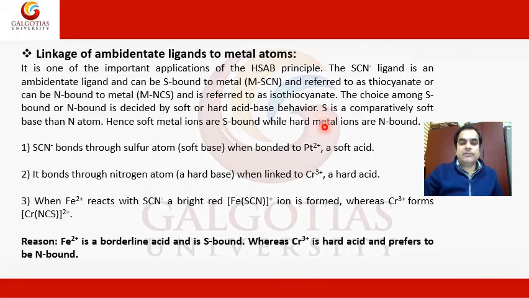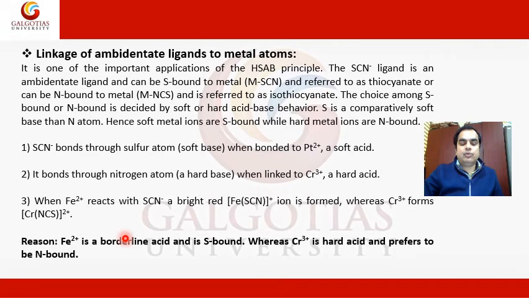Sulfur is a comparatively softer base than the nitrogen atom, and soft metal ions are S-bound while hard metal ions are N-bound. Like we can see in this case, SCN negative bonds through the sulfur atom, a soft base, when bonded to platinum 2 plus, a soft acid, and it bonds through the nitrogen atom, a hard base, when linked to Cr3 plus, a hard acid.